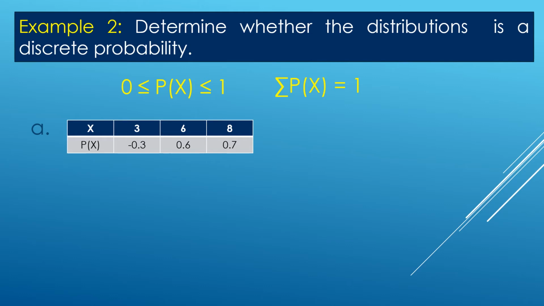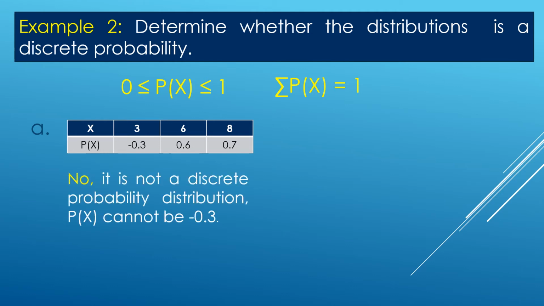Okay, no, it doesn't satisfy the second property. So this is not a discrete probability distribution because of the presence of a negative sign. And negative signs, they are numbers which are less than 0. So this is not a discrete probability distribution.